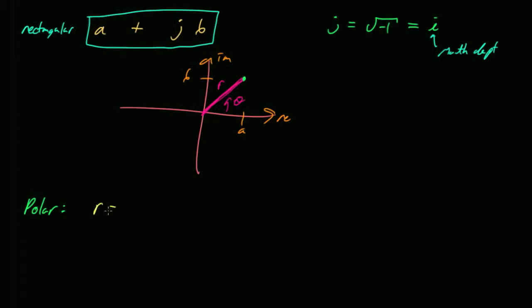Can I write R in terms of A and B? Right, so according to Pythagorean theorem, R should be square root of A squared plus B squared. And my phase angle should be what? Arctan of B over A.